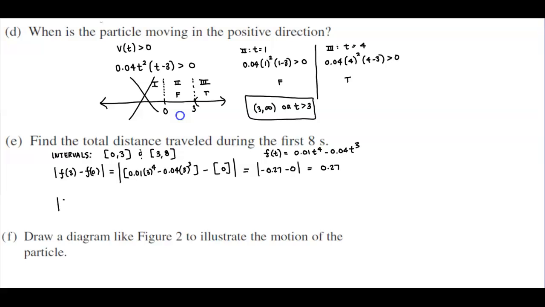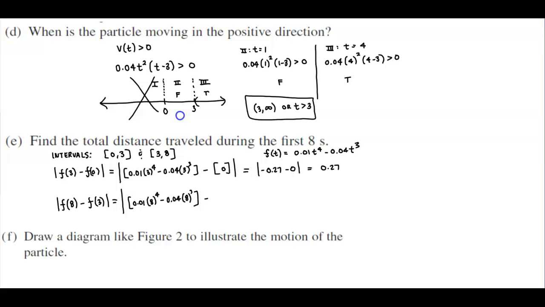Okay, and then we want to find the distance from 3 to 8. So we want to find f of 8 minus f of 3. So we have 0.01 times 8 to the 4th minus 0.04 times 8 to the 3rd power.